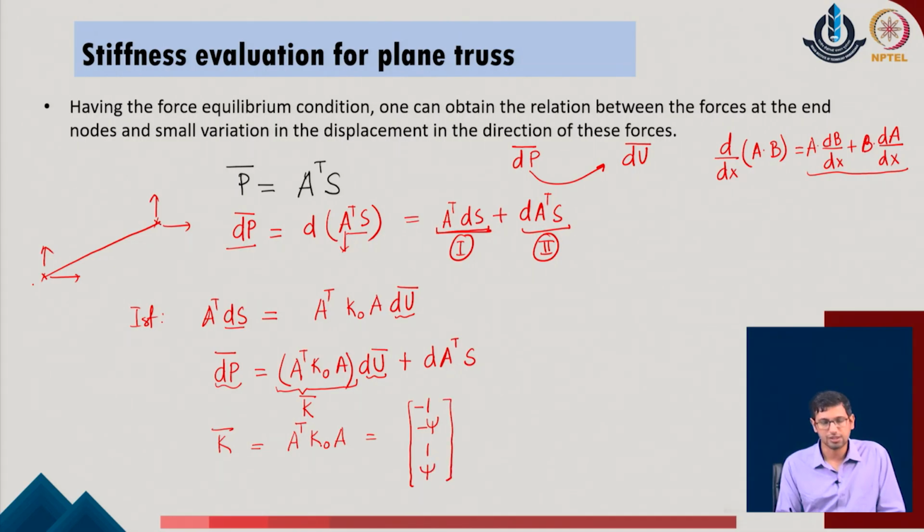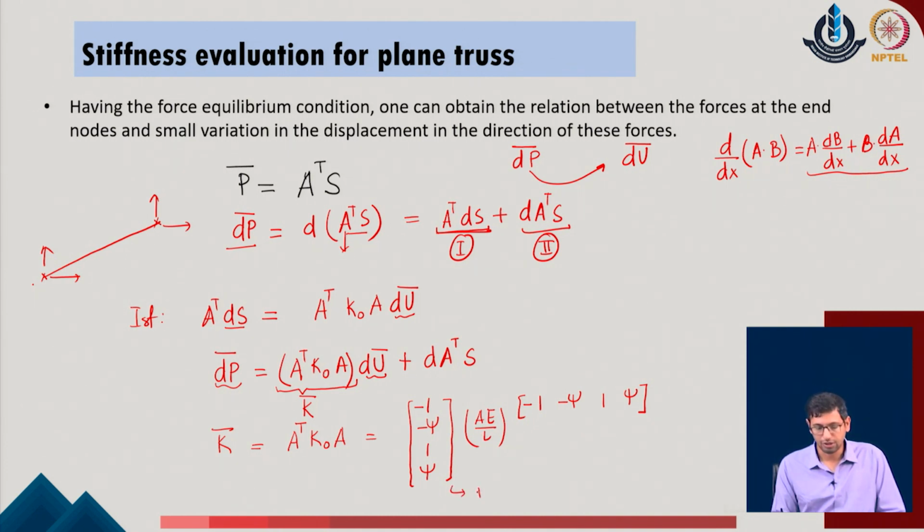K naught in this case is a constant value which is AE upon L for the given system, and then we multiply this with the A value again, which is 1 minus of phi 1 and phi in the given system. Once I do this multiplication, this is a vector which is of 4 cross 1 size. This is also a vector which is of the size 1 cross 4. This is a constant value in between.